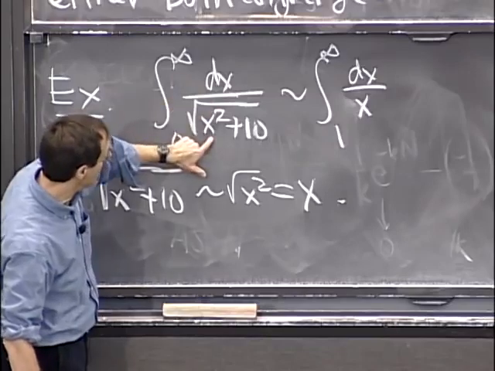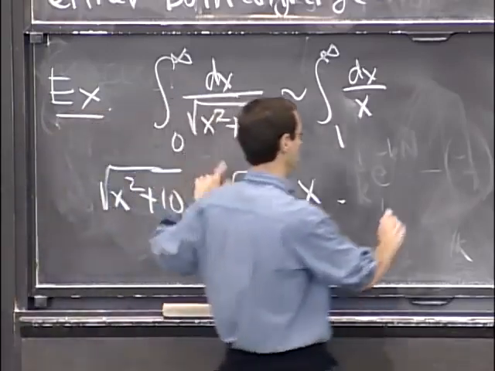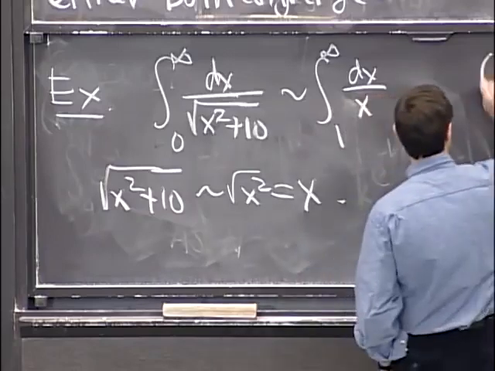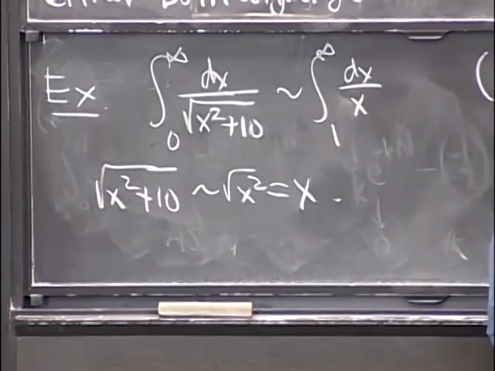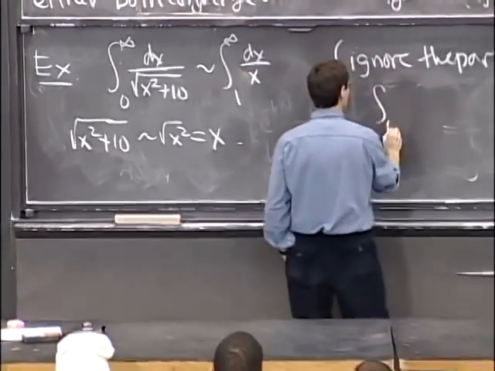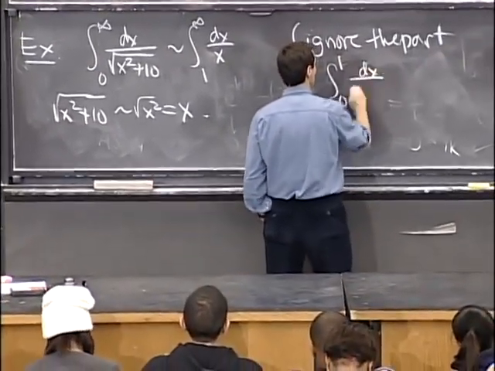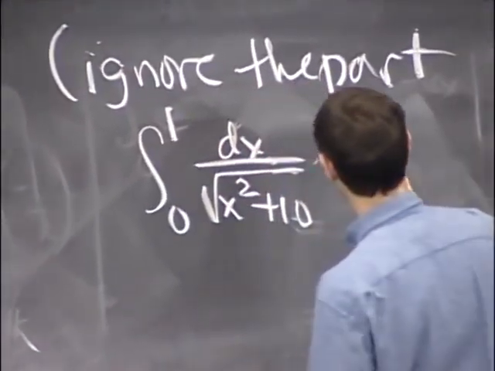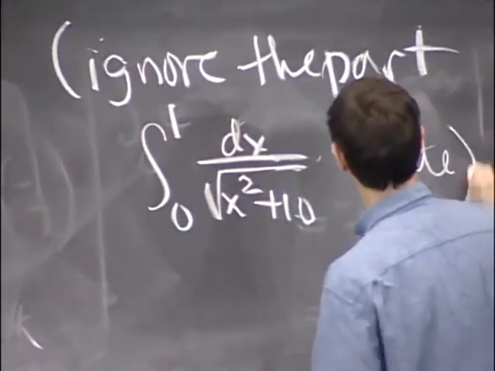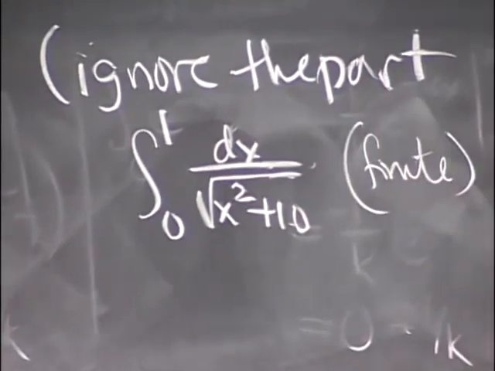This guy here, the piece of it, we're going to ignore the part integral from 0 to 1 dx over square root of x squared plus 10, which is finite anyway and unimportant.